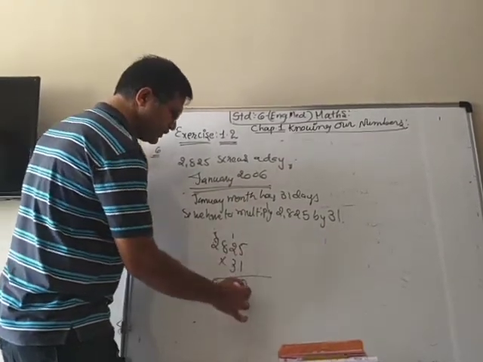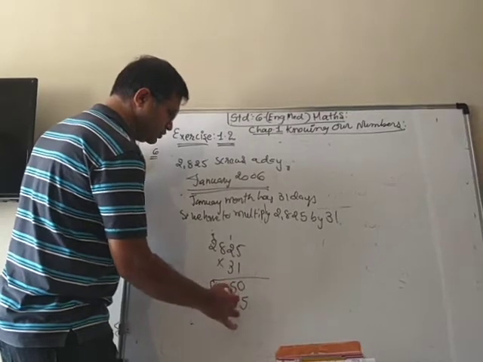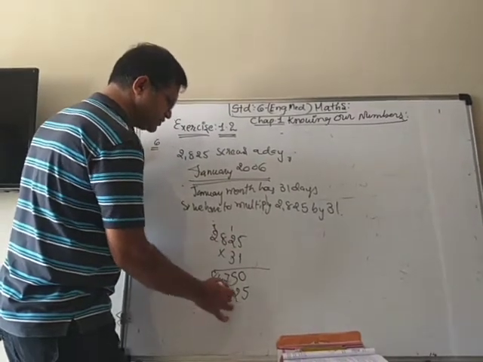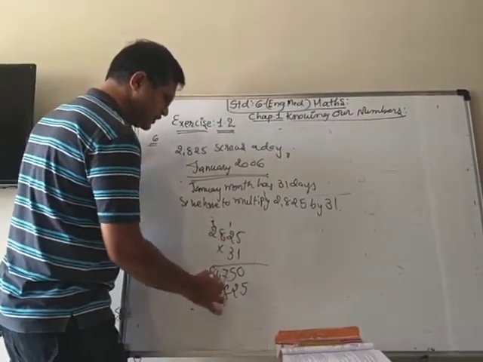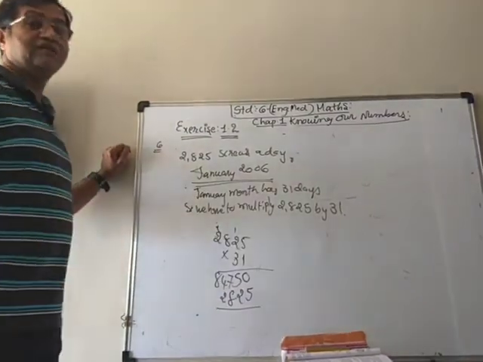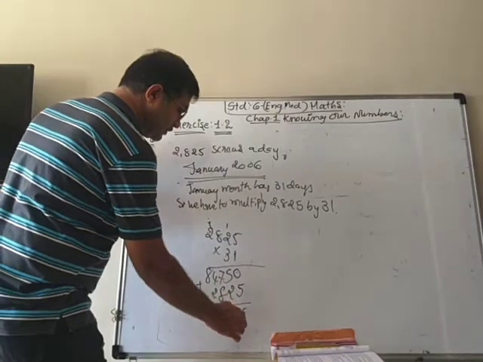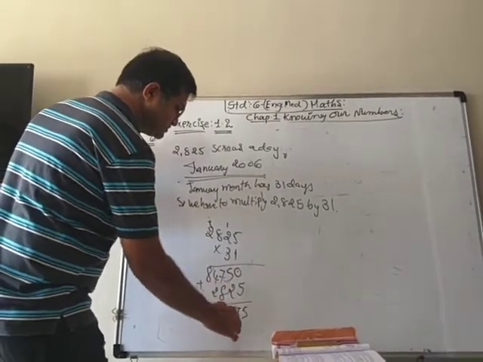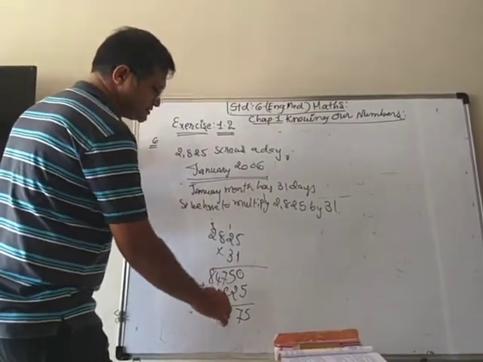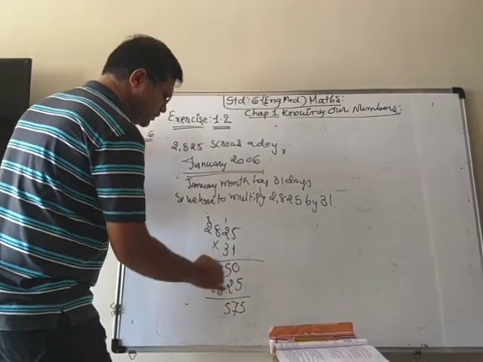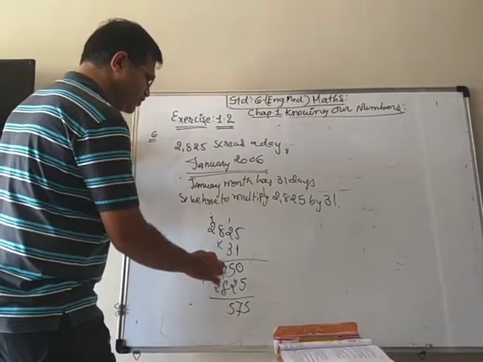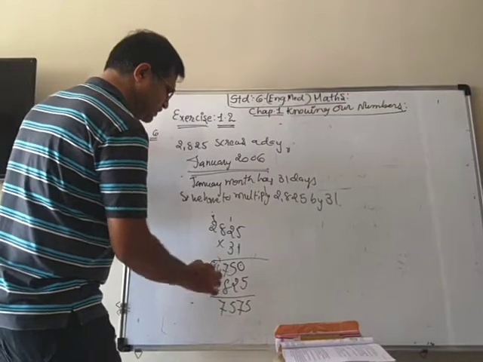Then 5 1s are 5. 2 1s are 2. 8 1s are 8. And 2 1s are 2. Then we have to add them. 0 plus 5, 5. 5 plus 2, 7. 7 plus 8 is 15, carry 1. 4 plus 1, 5. 5 plus 2, 7 and 8.